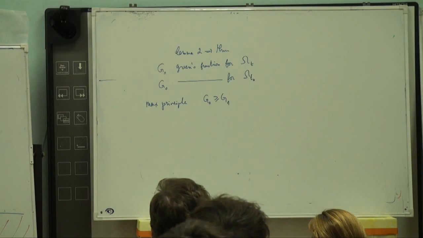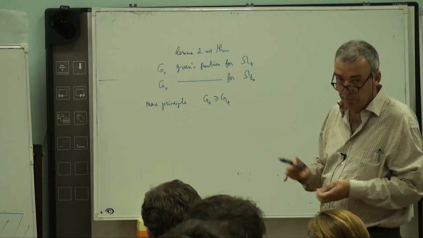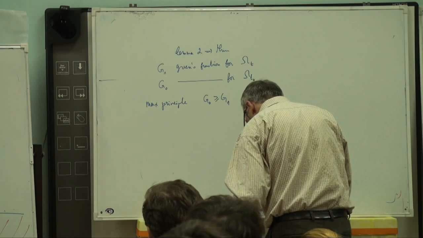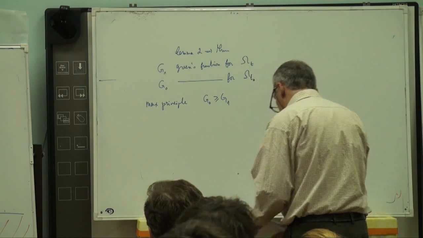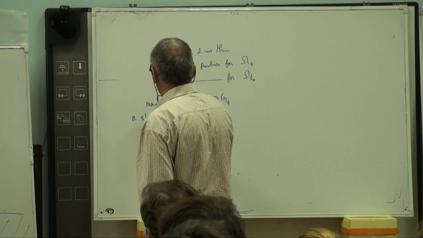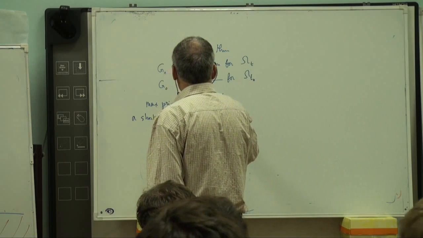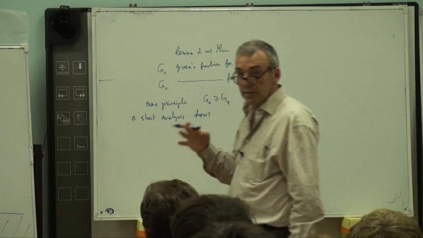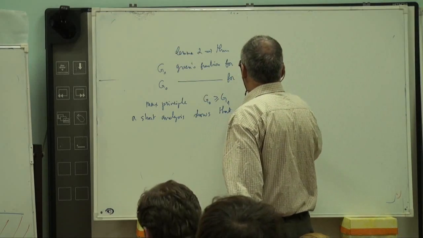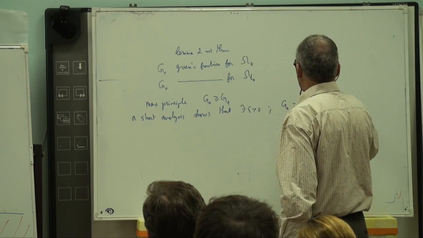And now a very short analysis that I need to skip, unfortunately, because I have no time, shows that actually we get better. A short analysis using no more than Harnack's inequality shows that there exists epsilon positive such that G0 is greater than 1 plus epsilon G1.